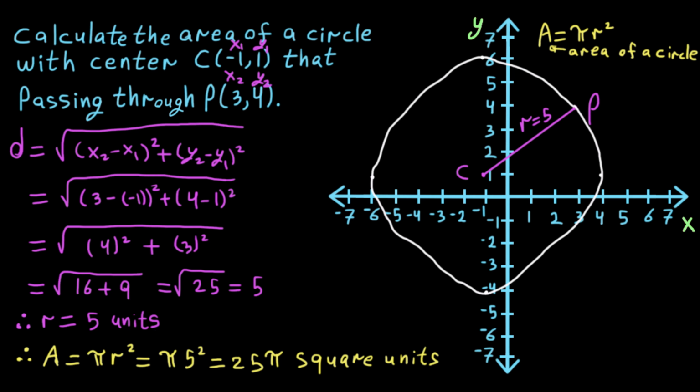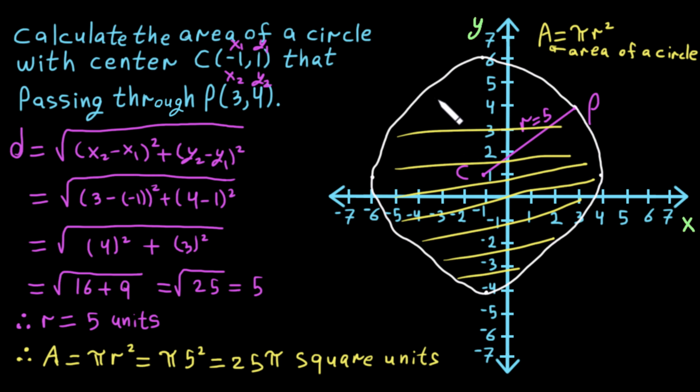I will shade the area of this circle like this. So the area of this circle, A, equals 25 pi square units. That's it. We found the area of this circle as 25 pi square units.